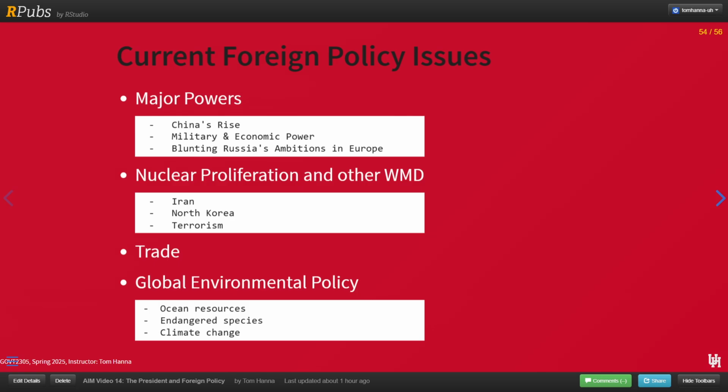And climate change. So this is a foreign policy issue for the United States. The current administration doesn't take climate change seriously in the same way the previous administration or the one two back, the Obama administration, did. But I think that elements of the current administration do recognize that it's a real issue.